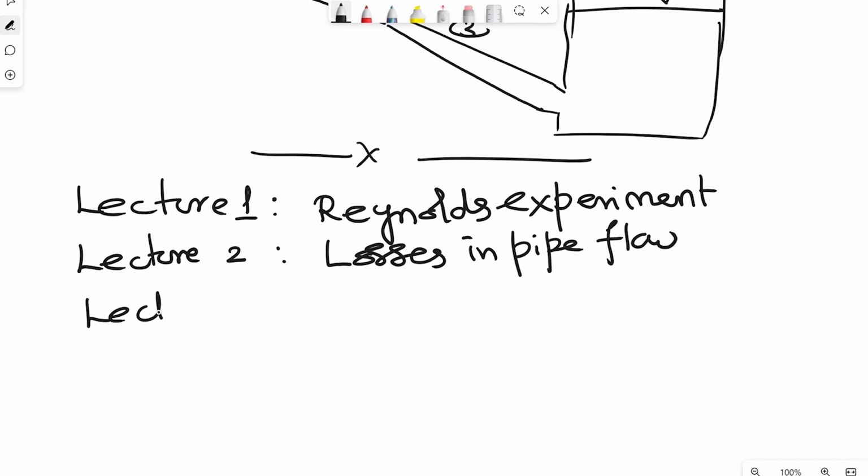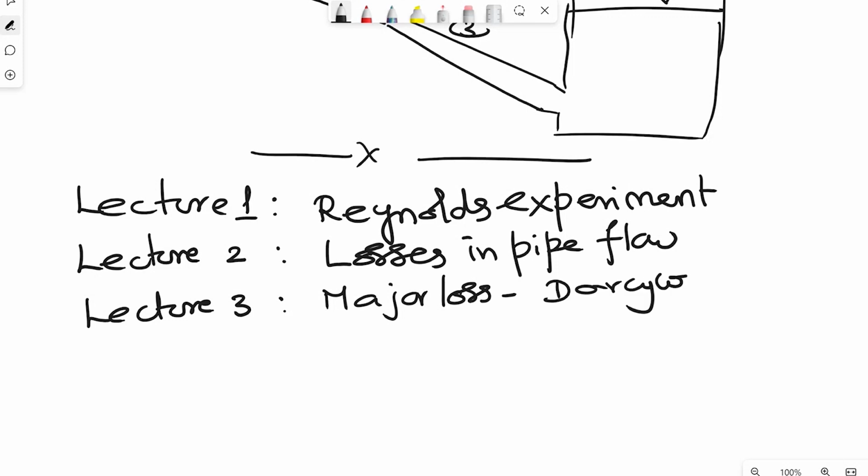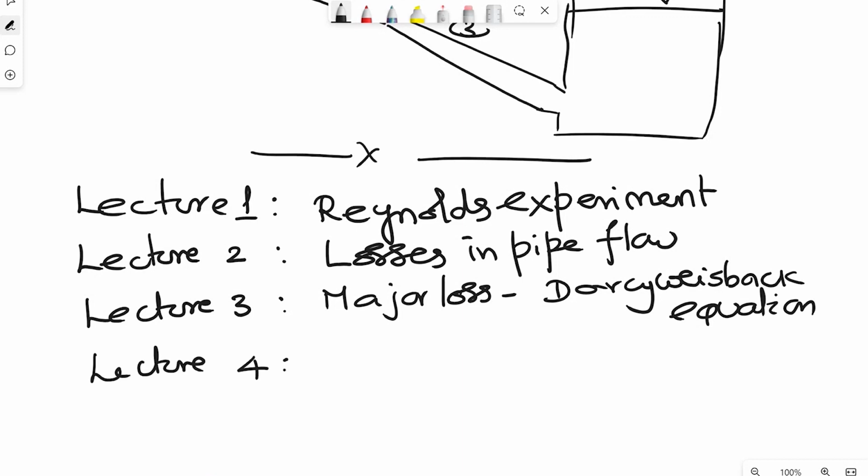Lecture 3: the major loss, that is the Darcy-Weisbach equation.